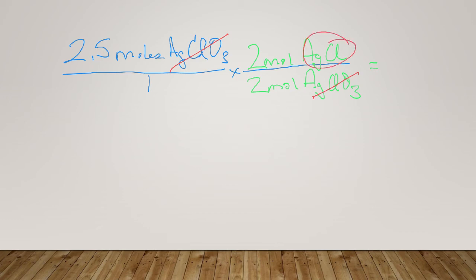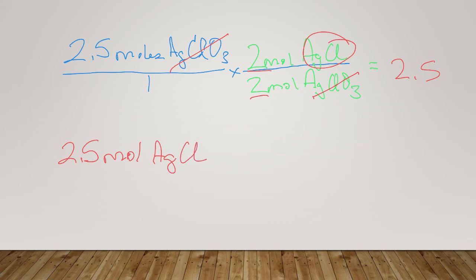According to the balanced equation, it's a 2 to 2 ratio. So I'm going to take 2.5 times 2 divided by 2, which works out to be 2.5. So that means I have 2.5 moles of AgCl.